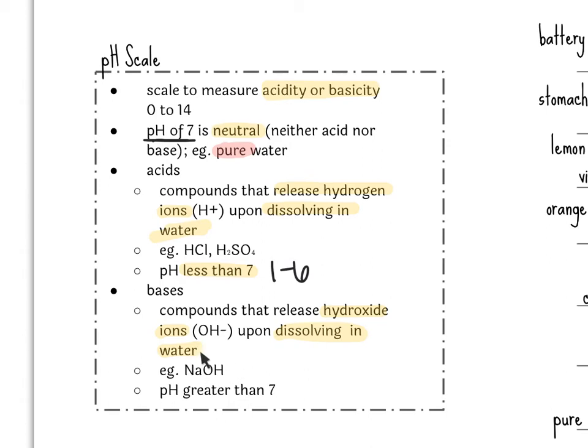An example of a base is NaOH, which is just sodium hydroxide. And we'll talk about over here all the examples of things that you're familiar with. And bases have a pH of greater than 7, meaning 8 to 14.